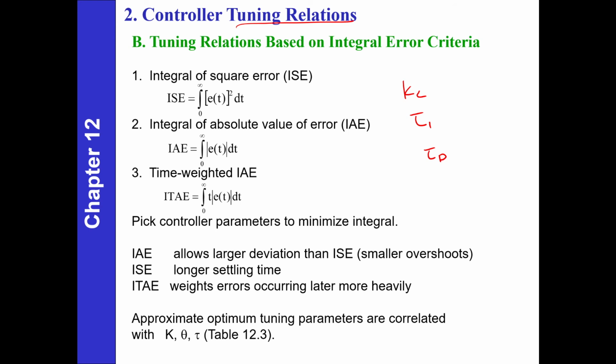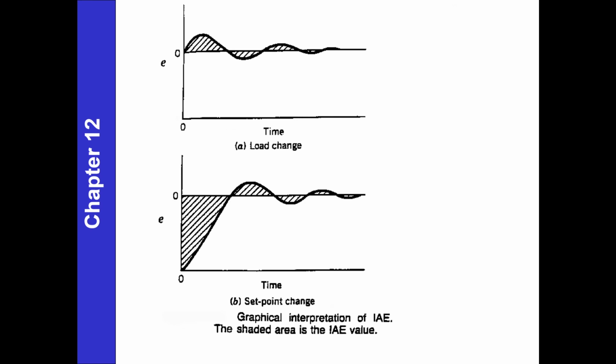This chapter is all about these three things: how to calculate Kc, tau I, and tau d. This is another method, which is based on the error.